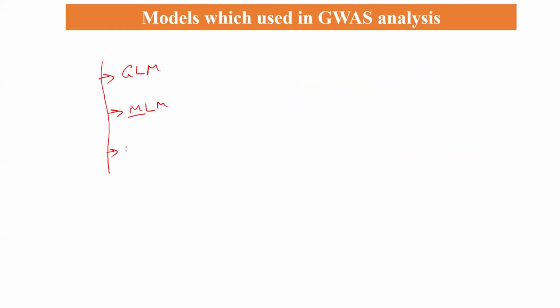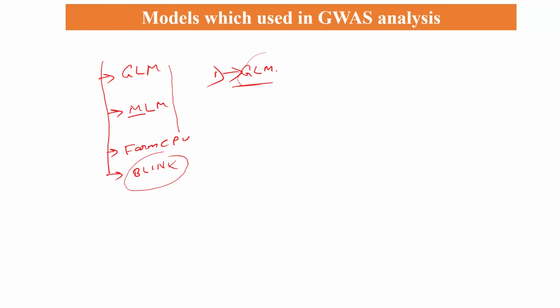Third is FarmCPU, and then the BLINK model. I will first discuss the GLM. It is common, but its usefulness is now reduced. These three are generally not used now in GWAS analysis, but BLINK is used now.